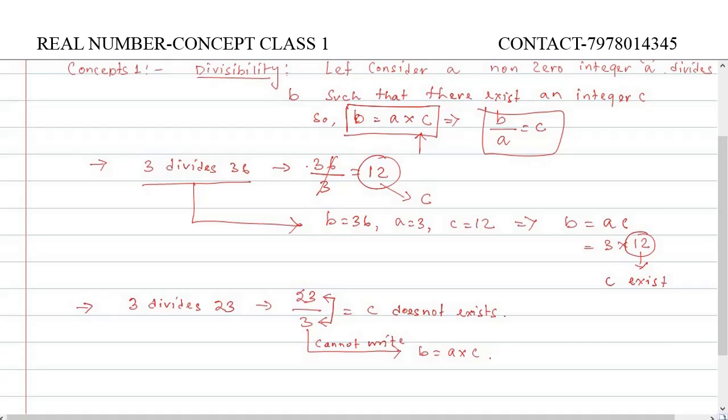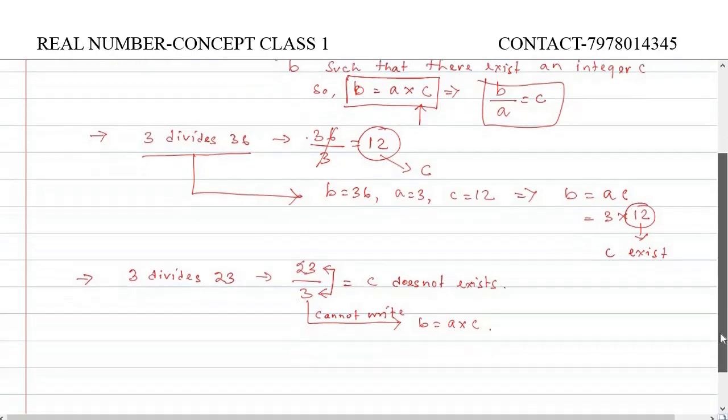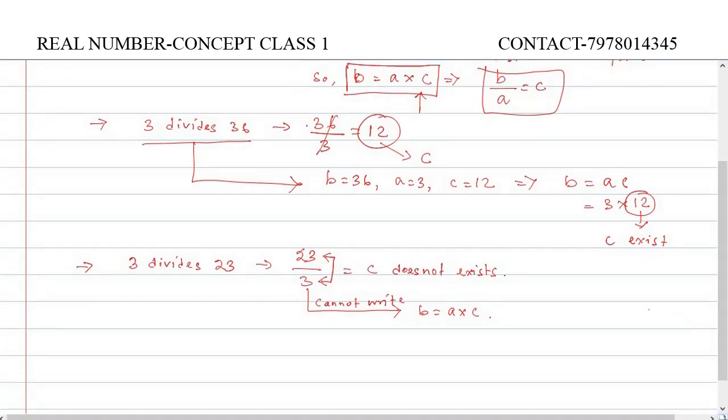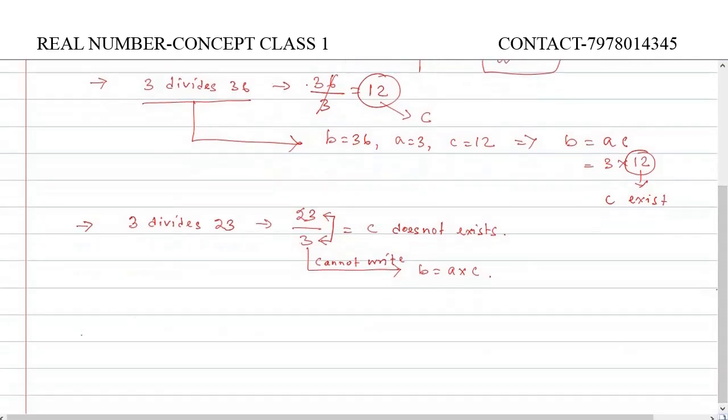If the answer is not an integer, then we can say c does not exist, so we cannot write this statement as b is equal to ac. This statement is known as divisibility. Now let us see some important points.